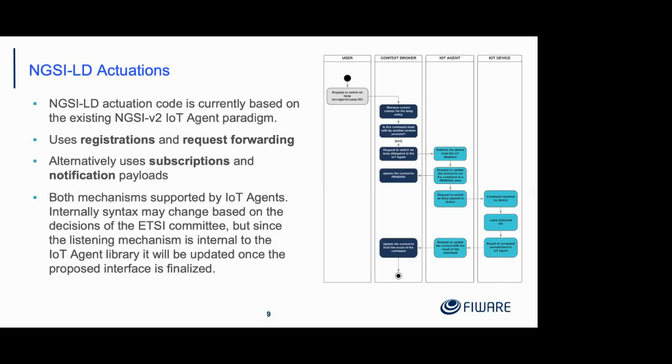Then, because the IoT agent can say, "Yes, I can deal with this, but it's not going to be a synchronous response," it will update the state of the device command to pending, and then it will somehow tell the device to go off and do it.